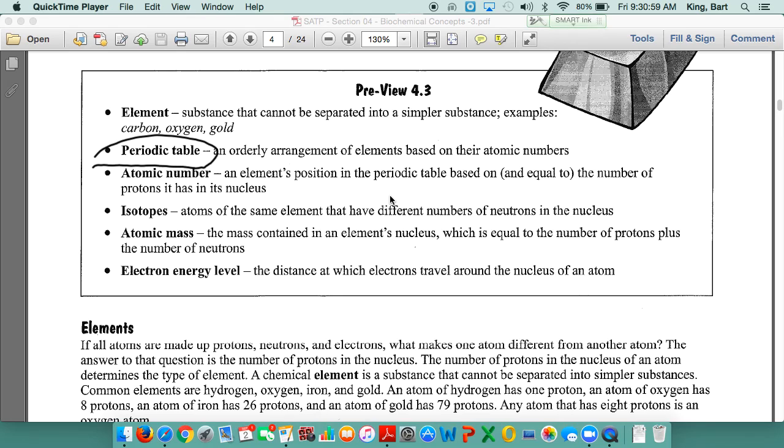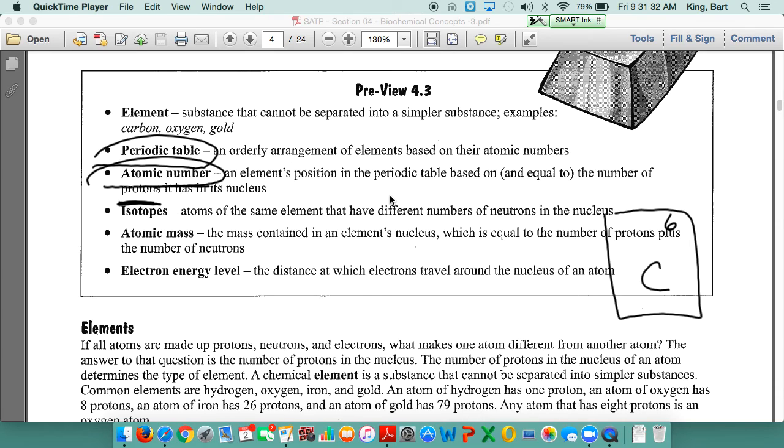We will have to refer to the periodic table to do a lot of things during this inorganic unit. You need to be able to identify where the atomic number is. Generally, on the periodic table, if we do carbon, it'll be in its own little square, and there'll be a number somewhere, depending on where they put it. That's the atomic number. That equals the number of protons.